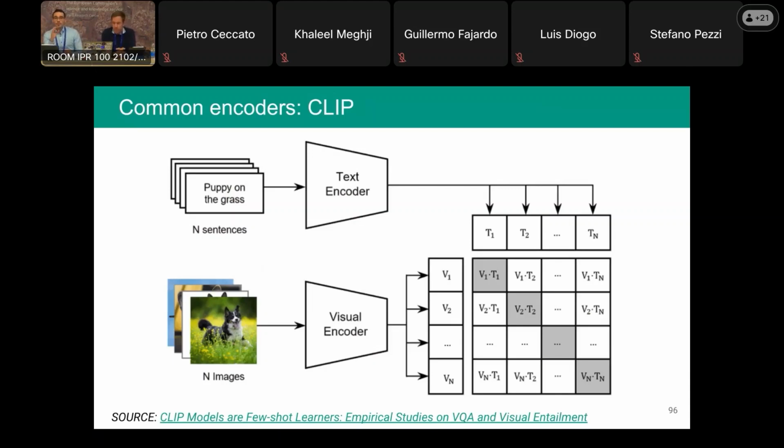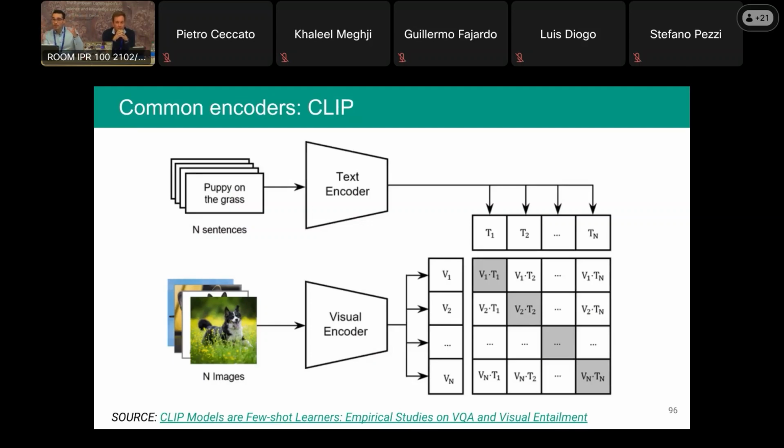And so what we're going to do is learn a text encoder and an image encoder that will try to map similar semantics toward a common space that you can think about as if it was a common language between the two. So translating this text into a language that is common between images and text.